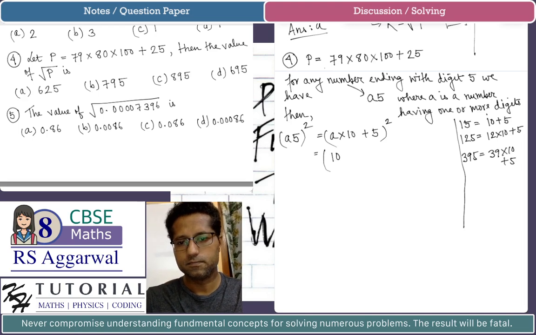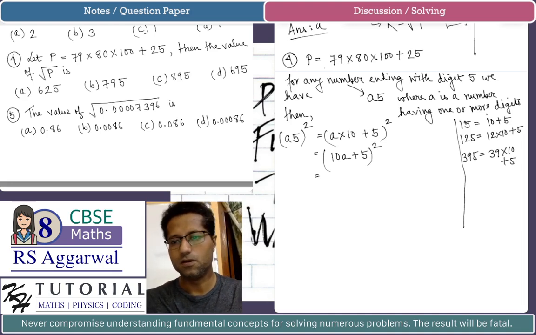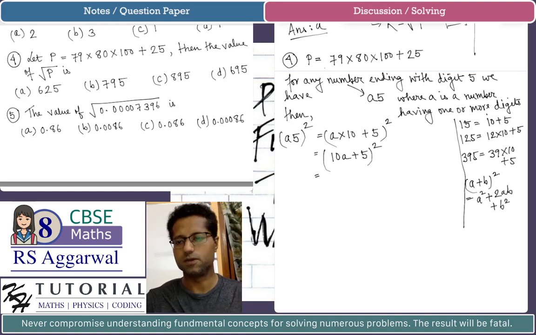Now this is 10A plus 5 whole square. This is in the (a plus b) whole square form, and from the formula we know that (a plus b) whole square is equal to a square plus twice ab plus b square.